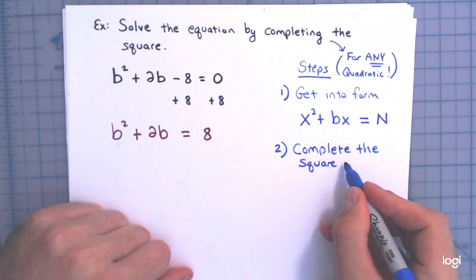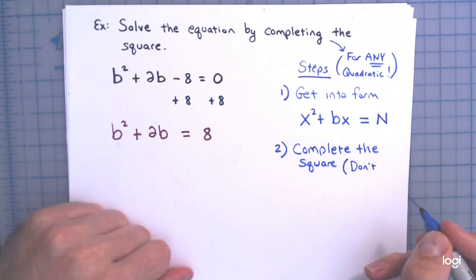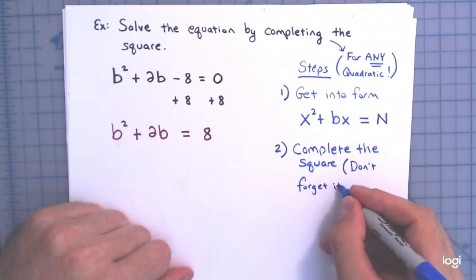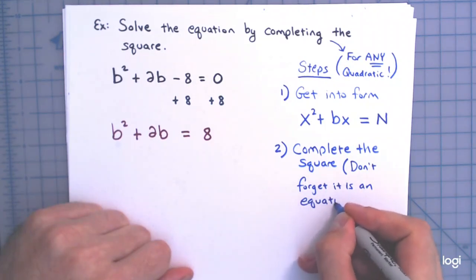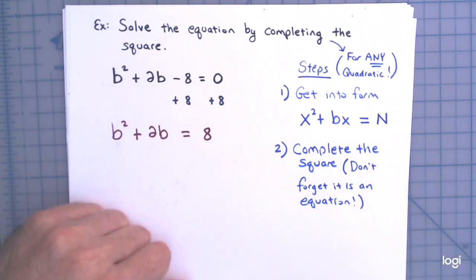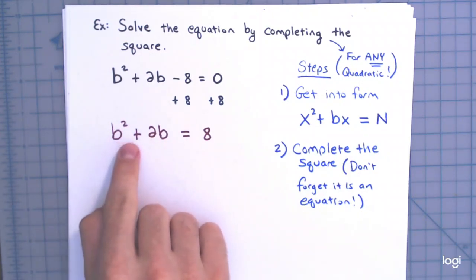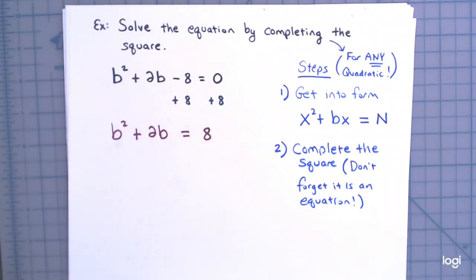Now I'm going to warn you here, don't forget that this is an equation. What I mean by this is that I'm going to complete the square on the b squared plus 2b. Remember what that means? That means we're going to be adding.